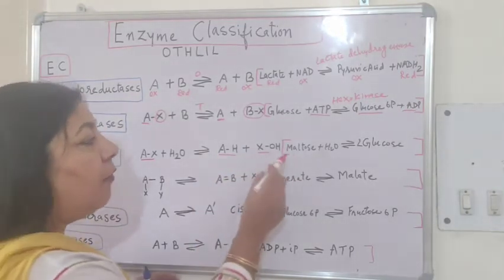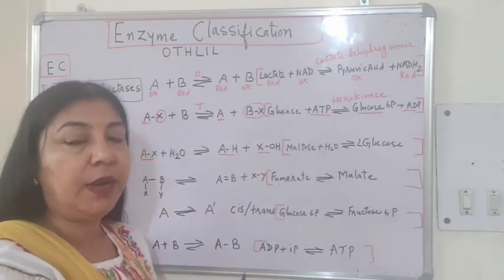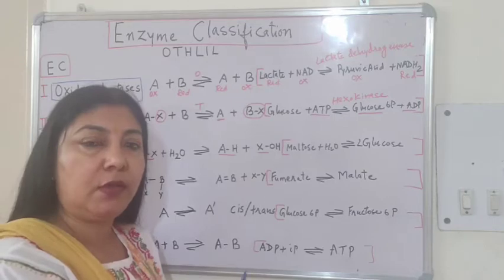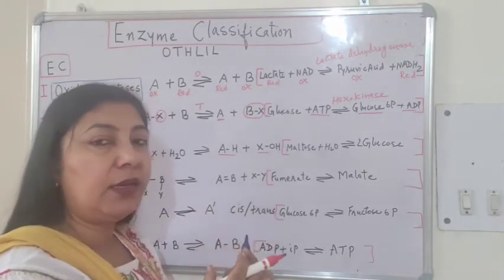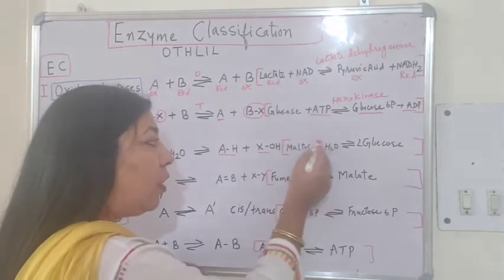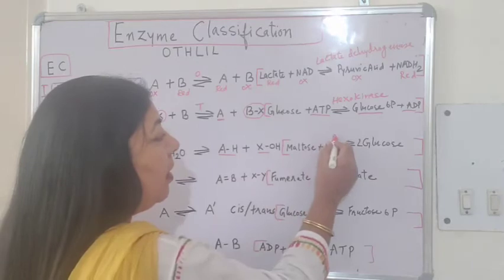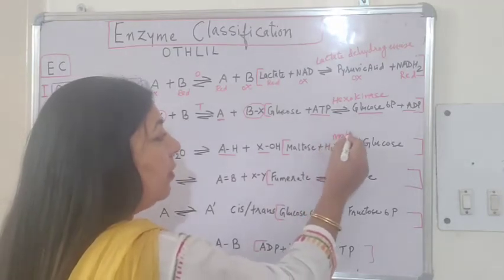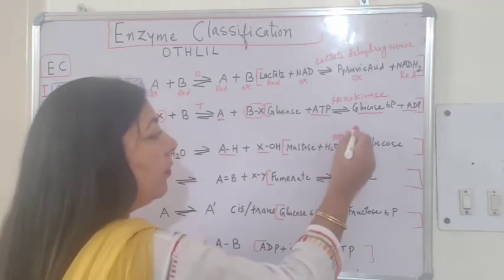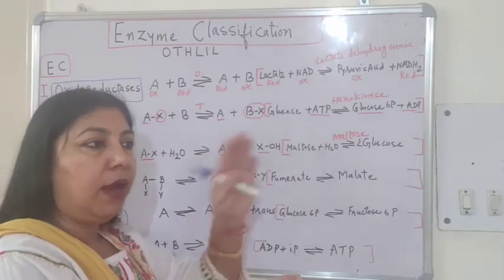For example, maltose is a disaccharide which is made up of 2 glucose units. Okay, and these 2 glucose units are held together by a glycosidic bond. So when water reacts in presence of the enzyme maltase, this maltose will be broken.